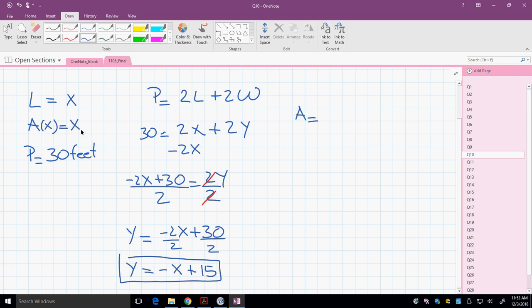Sorry, I didn't finish. Area is length times width. So if I have y already, f of x, I can substitute all that in here, and it says that I have x times, I can substitute y, and y is equal to negative 2x plus 15.